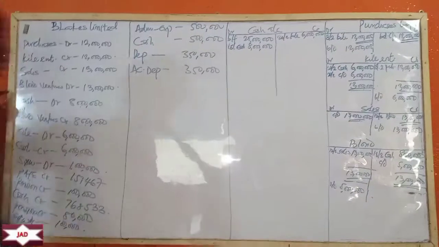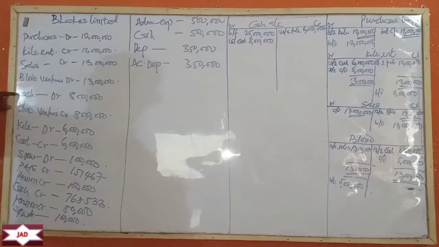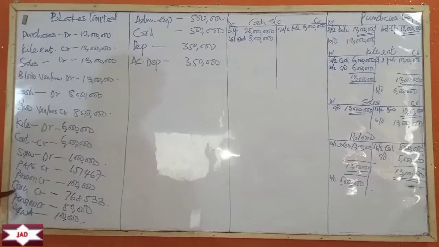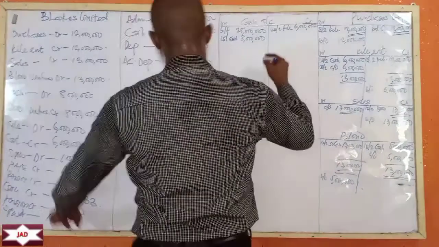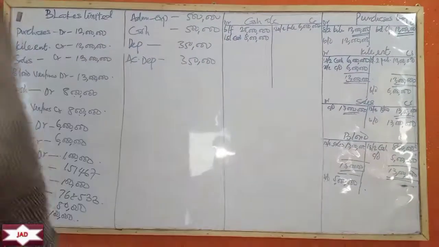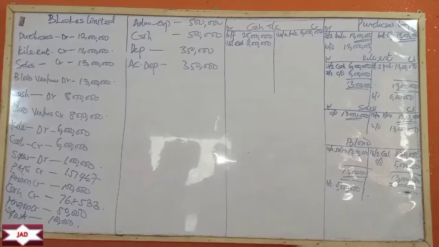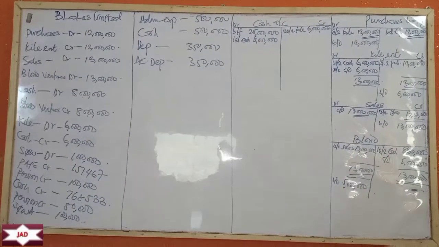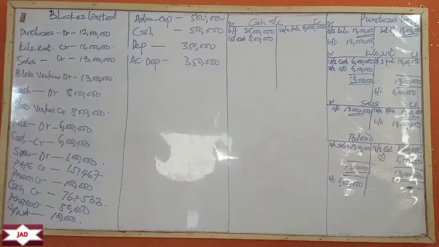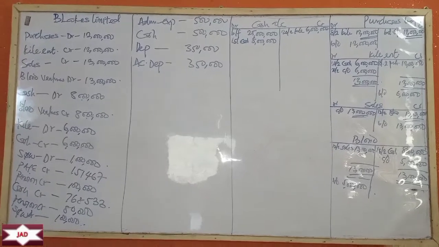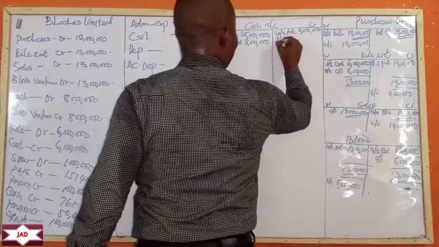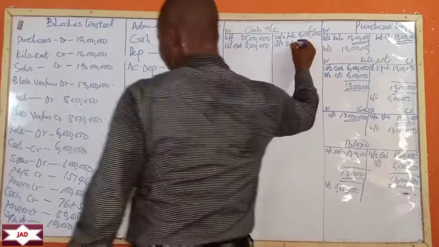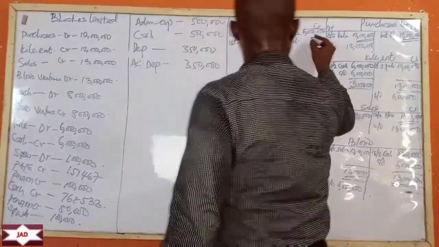So we've done two cash there. First cash, the second cash. Another cash, there's another cash. We paid salaries. Okay? What's the date for salaries there? Paid salaries, right? 27th. Salaries. How much did we pay? 768,533.